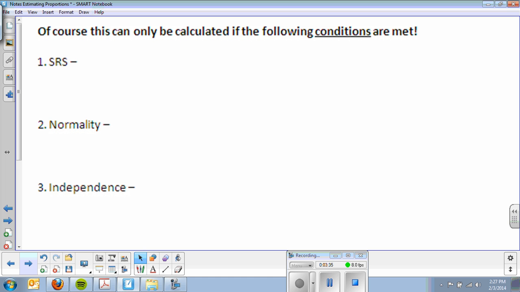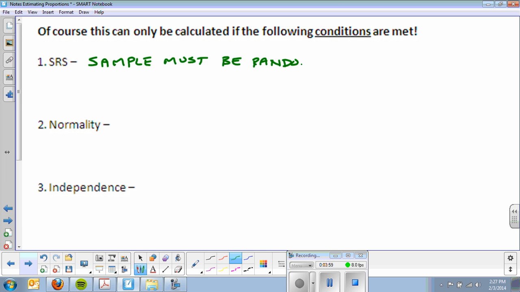Okay. Of course, this can only be done if the following conditions are met. So we do have 3 conditions. They are my least favorite part of the problem, but you do need to check them every single time. So the first is that it's an SRS. Okay, so the sample must be randomly selected, or the data must come from a simple random sample.